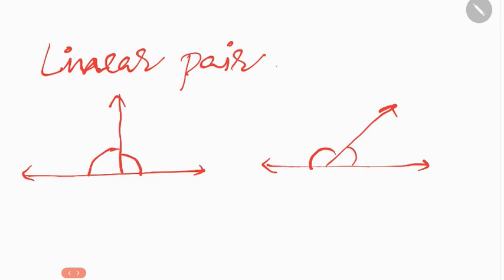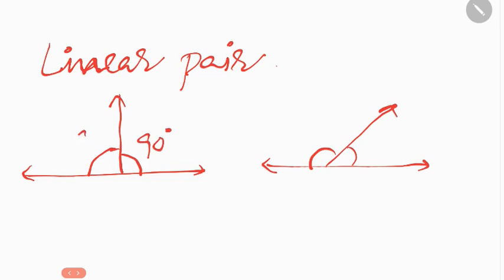Coming to linear pair, that pair of angles must be supplementary and at the same time adjacent angles. The pair of angles has to satisfy both conditions. The pair of angles must be adjacent angles, and they must be supplementary angles. That means the sum of the two angles must be 180 degrees.